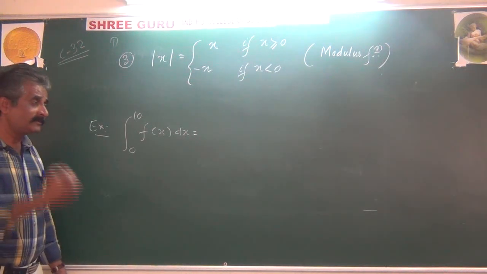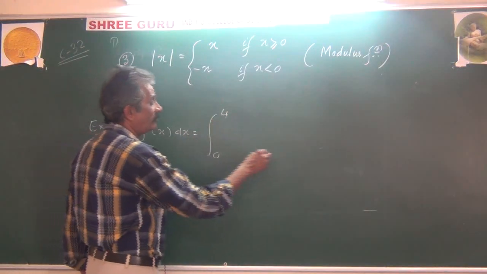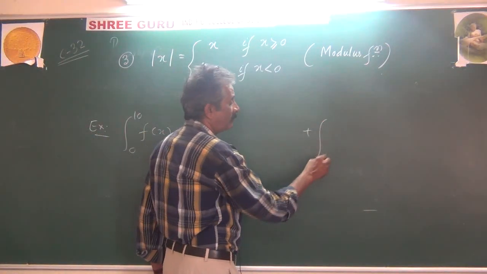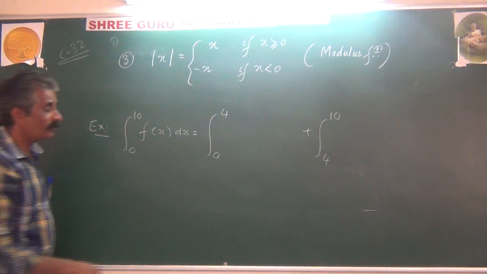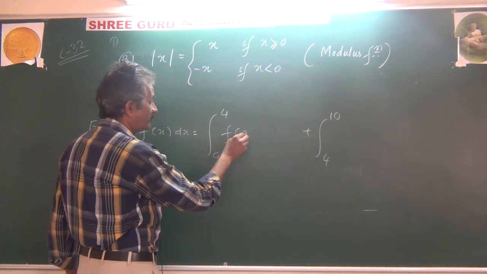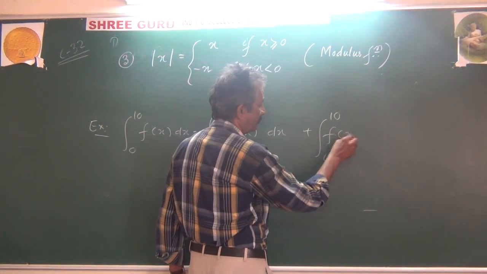And I am splitting into 2 parts. One part 0 to 4 plus another part will be 4 to 10: 0 to 4 f of x dx plus 4 to 10 f of x dx.